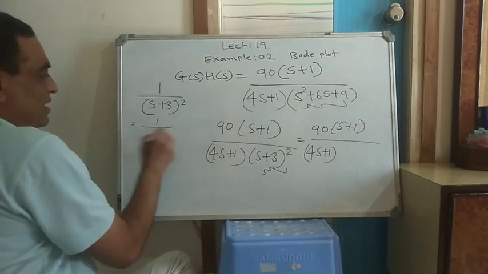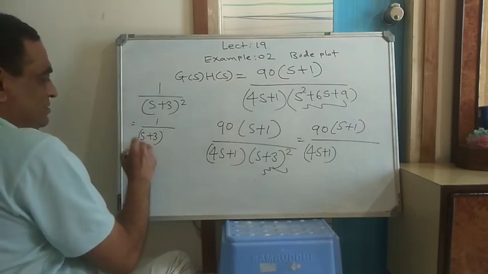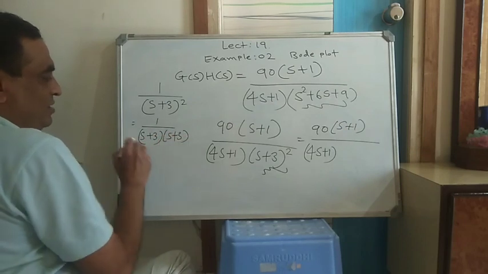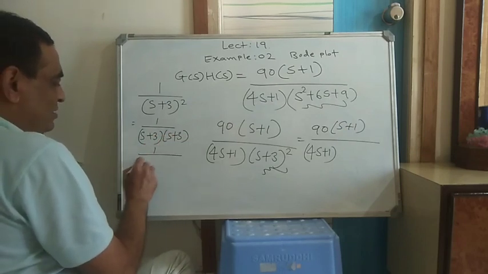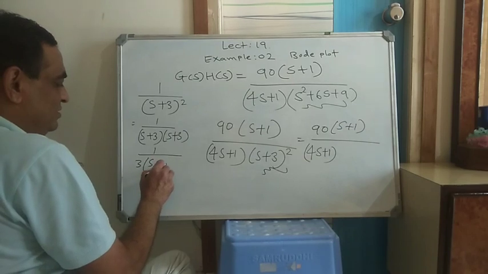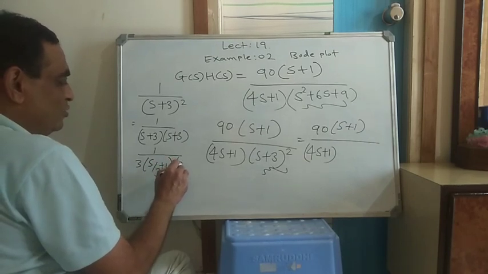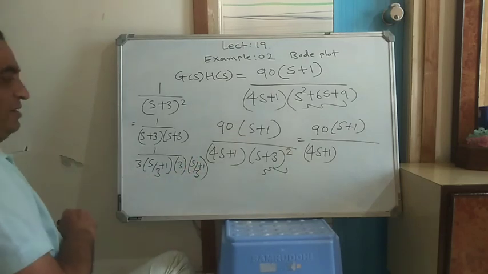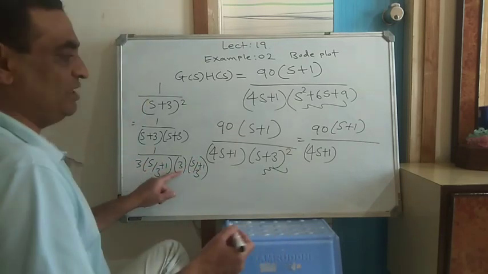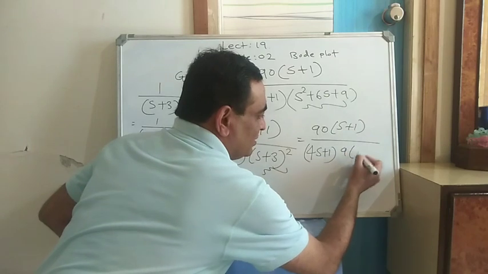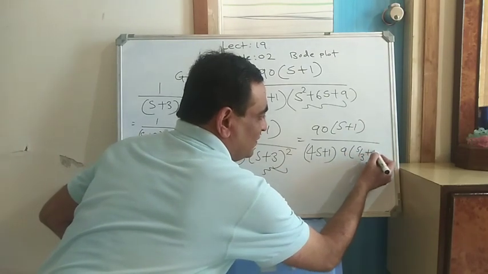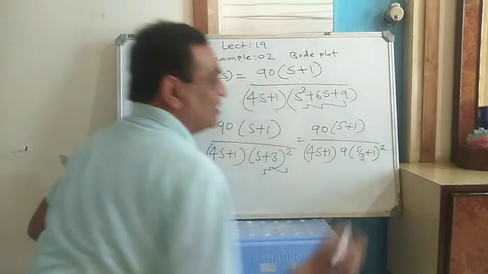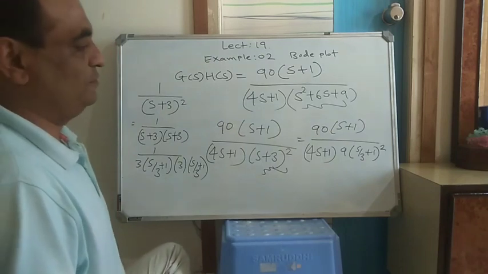I can write it like this. I can take 3 common, so this is s by 3 plus 1, and again 3 common, then s by 3 plus 1. So 3 into 3 is 9, then s by 3 plus 1 whole square. This is how I can convert into time constant form.